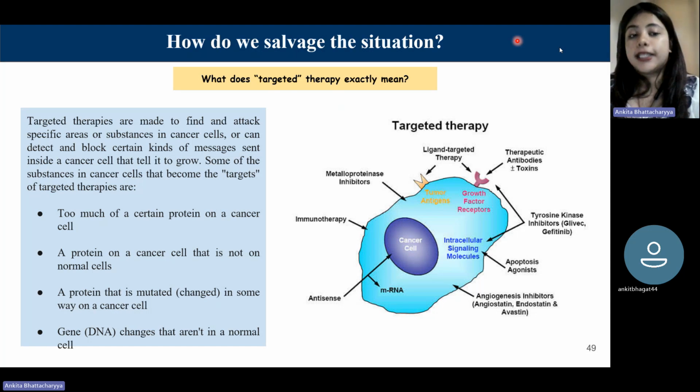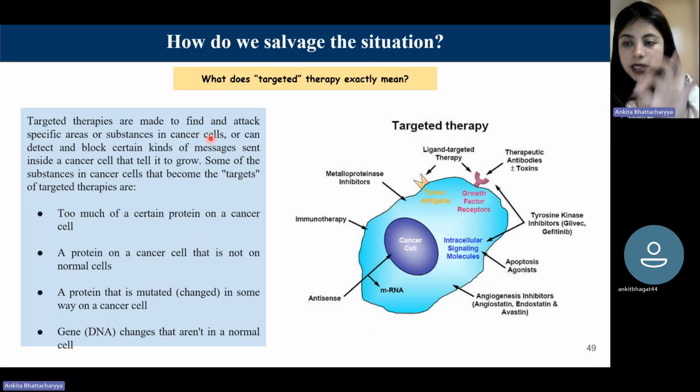Targeted therapies are made to find and attack specific areas or substances in cancer cells, not just any cells, or they can detect and block certain kinds of messages that are sent inside a cancer cell that tell it to grow.